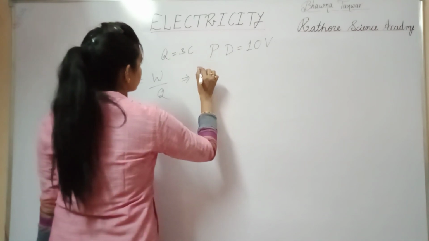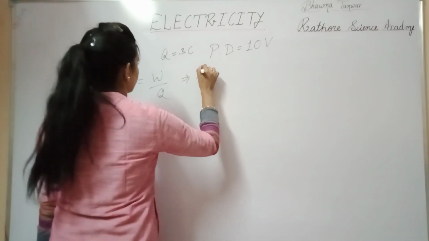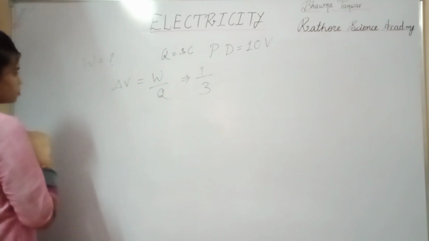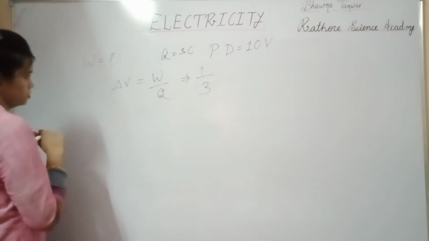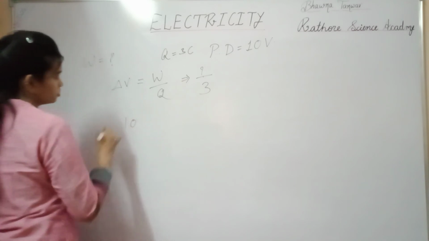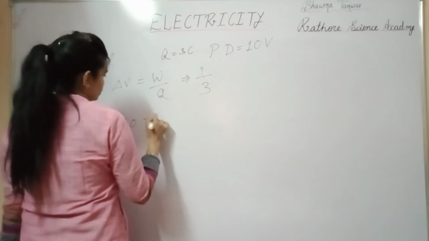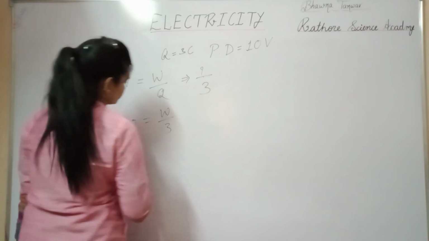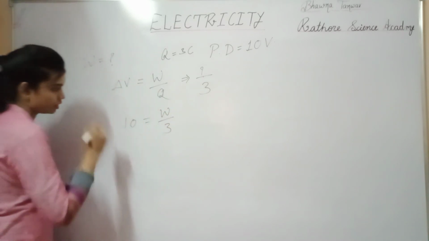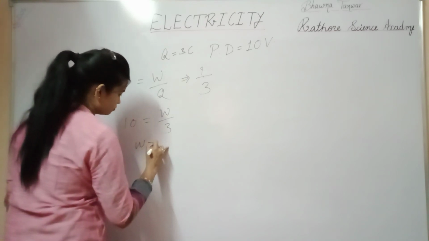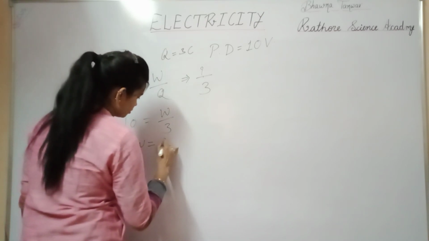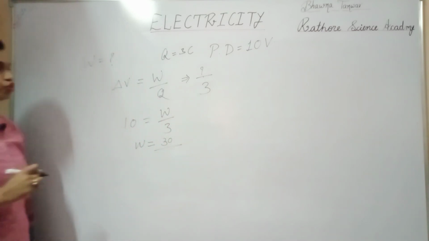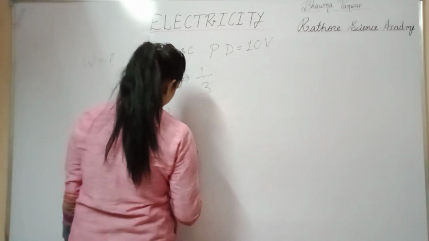W, the work done, is not given, we have to find it out, and the potential difference is given to us. The potential difference is 10. We have to find the value of W by 3. From here you can put in the values. W is equal to 10 into 3, 30. The unit of work done is Joule.